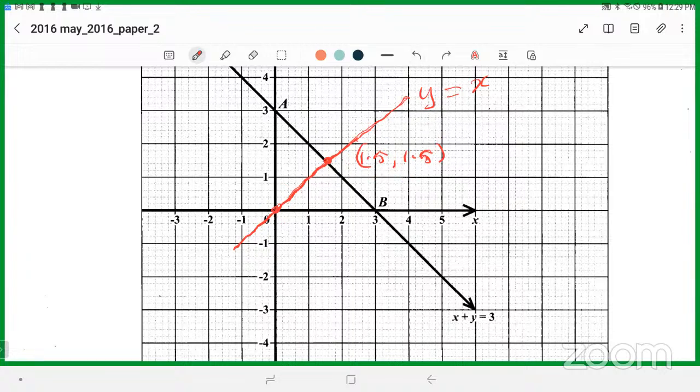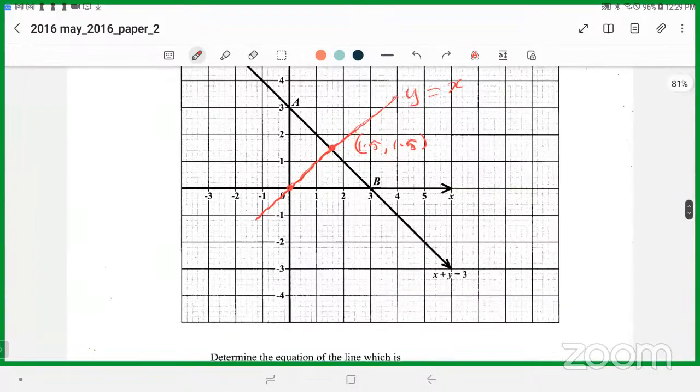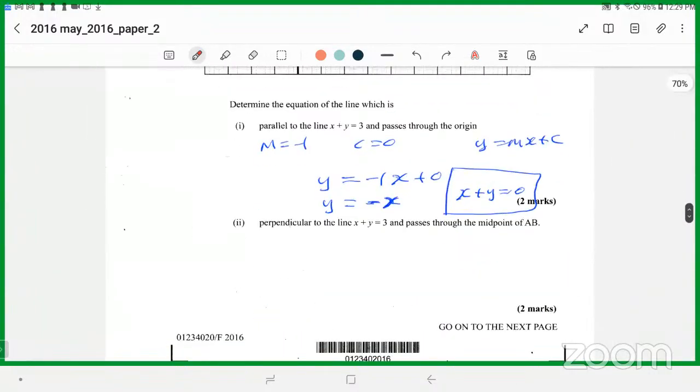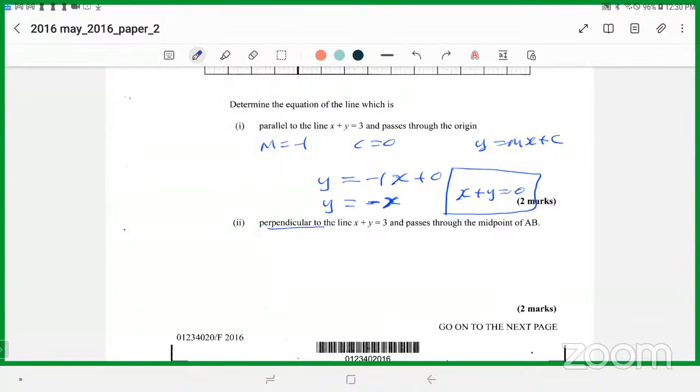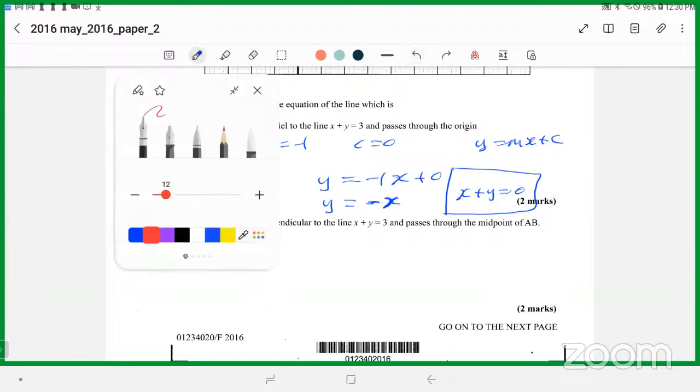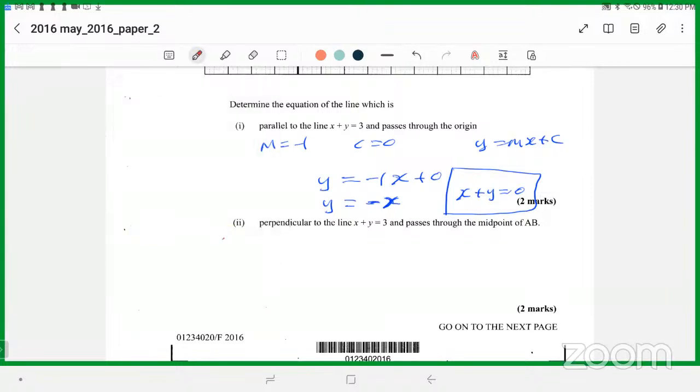All right, but let's work it out. Let's say I want to calculate it. Firstly, it is perpendicular to this line. This line has a gradient of -1. Perpendicular lines have negative reciprocal gradients. So the gradient of line 2, the one that we want now, let's put it in red, the perpendicular gradient is -1 over the original gradient.